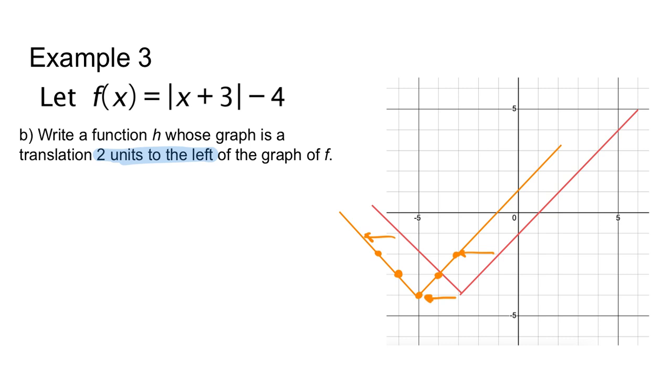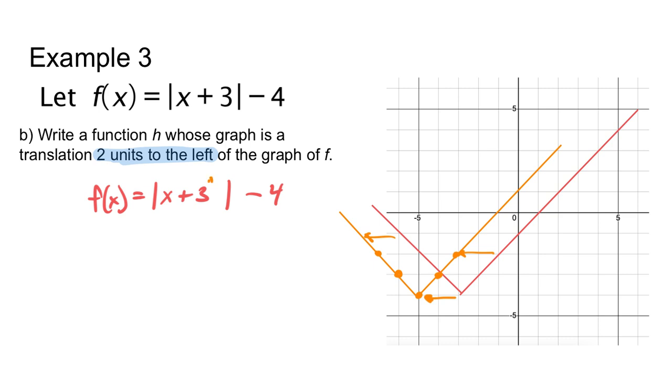But mathematically, what did we do? Well, I have my equation that I started with, the absolute value of x plus 3 minus 4. I didn't move it up or down, but what I did do is move it to the left. And according to the transformations that I've done, when I add a number on the inside, that means I'm moving it further to the left.